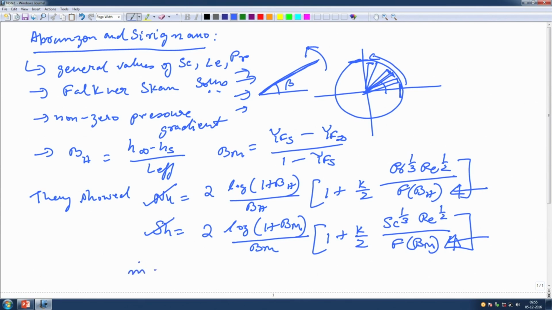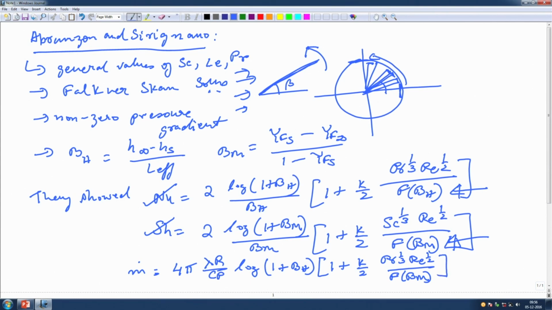and the important part is of course the evaporation rate, which is m dot, right. So, that is given as 4 pi lambda r Cp log of 1 plus Bh, times 1 plus K by 2 Prandtl to the 1/3 Reynolds to the half F of Bm.